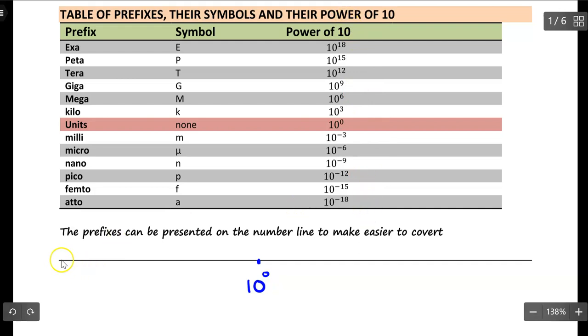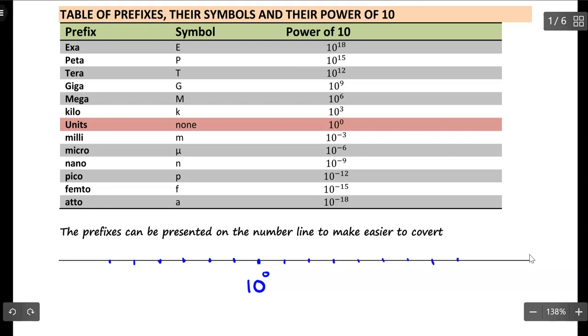From here is the biggest, here is the smallest. I will divide this in increments of 3. I try to be even.